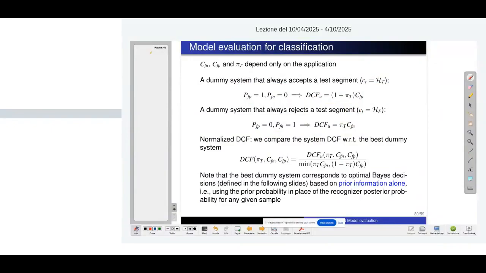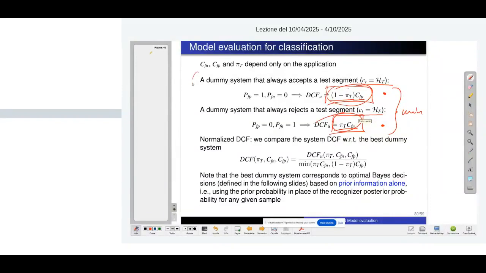Now, notice that this depends only on the application information. So when I define my application, I can measure these two costs and decide which is the best option. I can always build both systems, measure their performance, and then choose to use the one which has lowest cost.